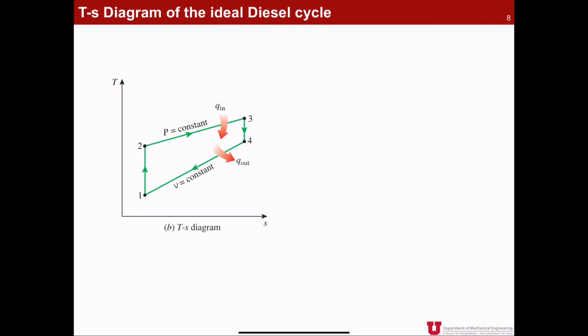So from 1 to 2, we should have isentropic compression process, that is constant entropy. And now from 2 to 3, that is constant pressure heat addition process. Okay. And I hope that you remember how to draw the constant pressure process in a TS diagram, okay, which is where the temperature should be proportional to the exponential of S over Cp.